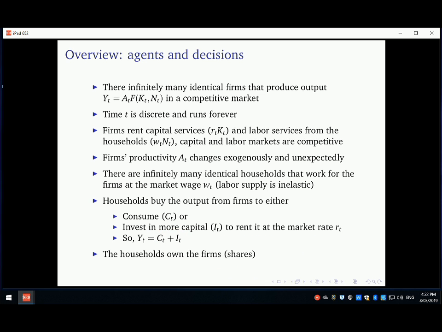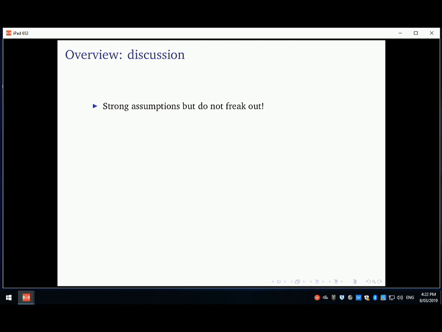We are also assuming that the household will own the firms. You, the households, will buy stocks, shares from different firms, and the firms will pay you some dividends, so you own the firms. These are strong assumptions, but don't freak out, because these are just assumptions that are useful pedagogically.